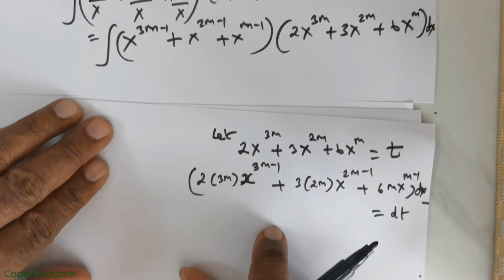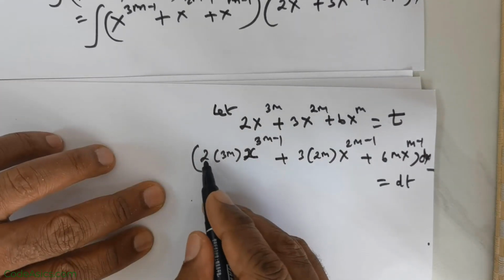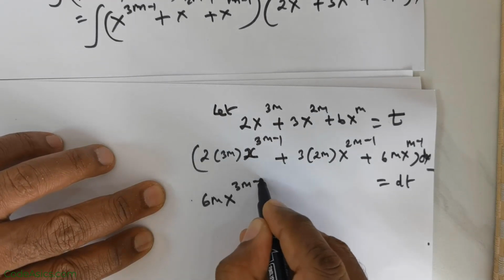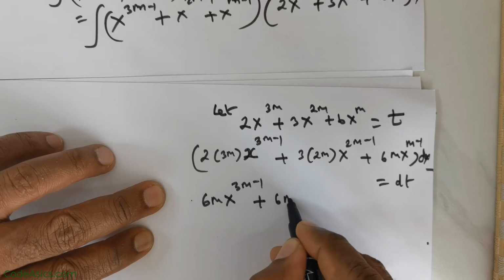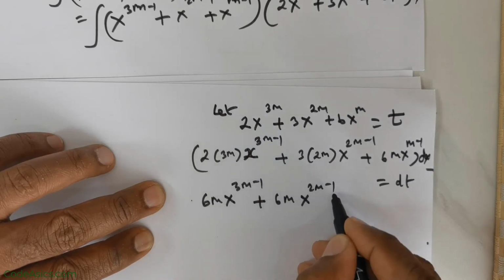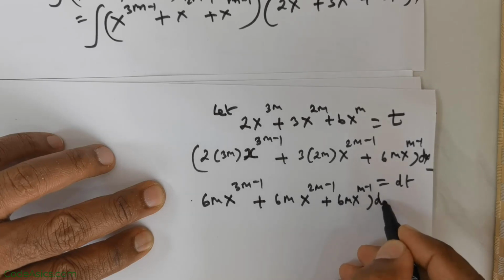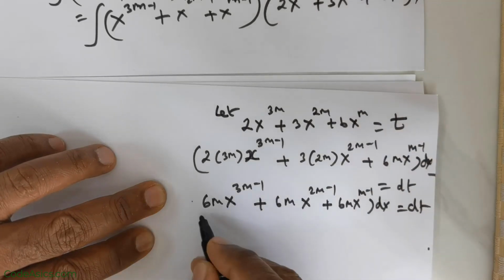Now we will have to perform some simplification. So 2 into 3, 6 times m x raised to the power of 3m minus 1 plus 6 times m x raised to the power of 2m minus 1 plus 6 times m x raised to the power of m minus 1, times dx is equal to dt.